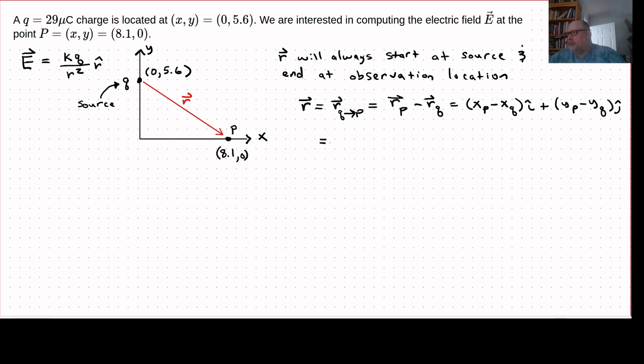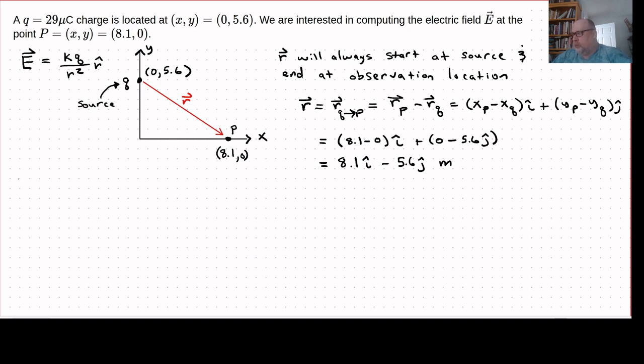Plugging in numbers: the x-coordinate at P is 8.1, at Q is 0, the y-coordinate at P is 0, and the y-coordinate of the source is 5.6. So we end up with 8.1 i hat minus 5.6 j hat meters as our actual r vector.